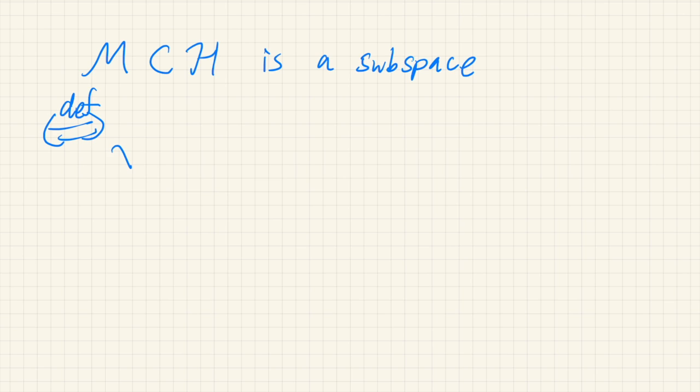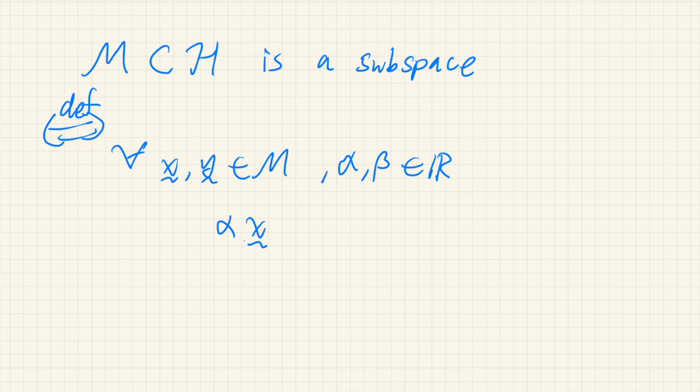For any elements x and y in this subset, and any real numbers alpha and beta, the linear combination made by these vectors should also be in M. So if this holds, then the subset M is called a subspace of the Hilbert space H.